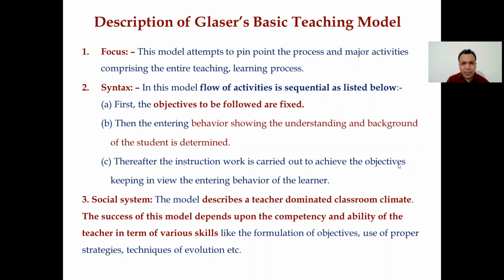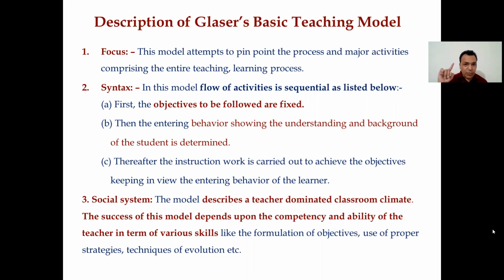Then the entering behavior, showing the understanding and background of the student, is determined, right? We come to know the previous knowledge of the student. Thereafter, the instruction work is carried out to achieve the objectives, keeping in view the entering behavior of the learner, right? It is also meeting. Then the social system.